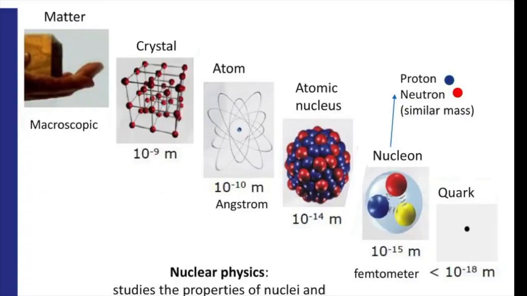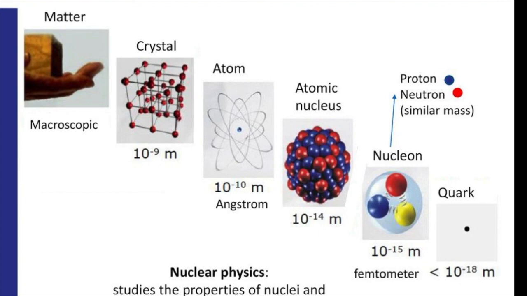Now let's see the nuclear scale, the size of the nucleus when compared to other things. If we see common matter, the matter contains crystals. The crystal size is around nanometers, that is 10 power minus 9 meters.